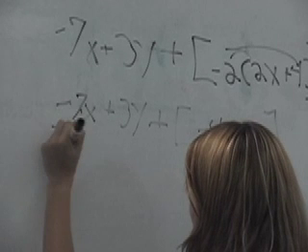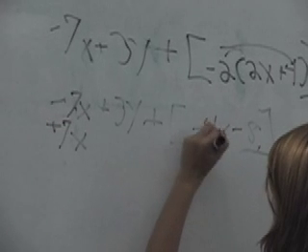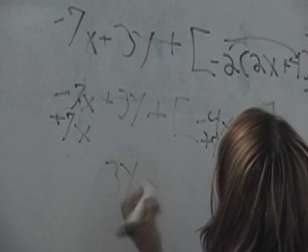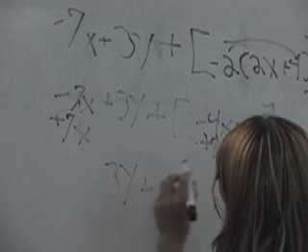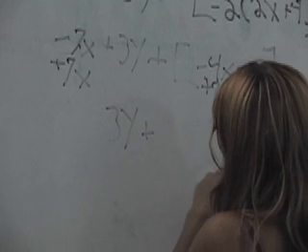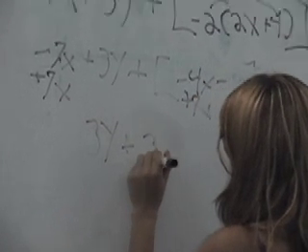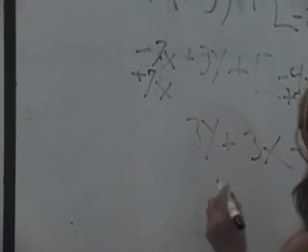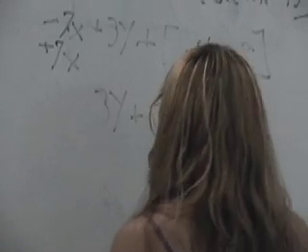So you plus 7x, plus 3y, plus 3x minus 8.